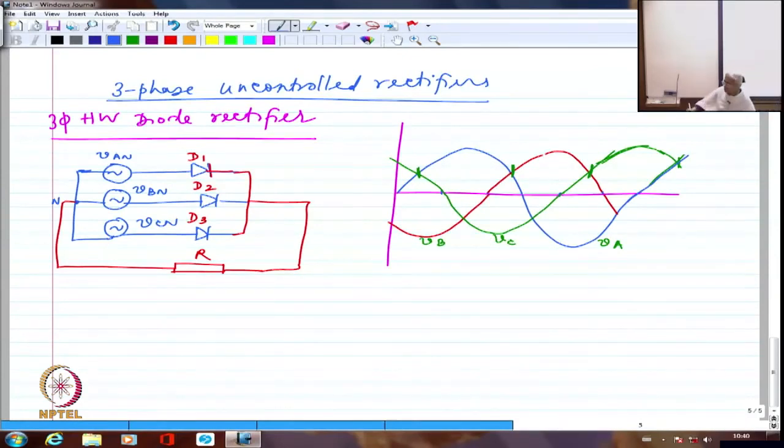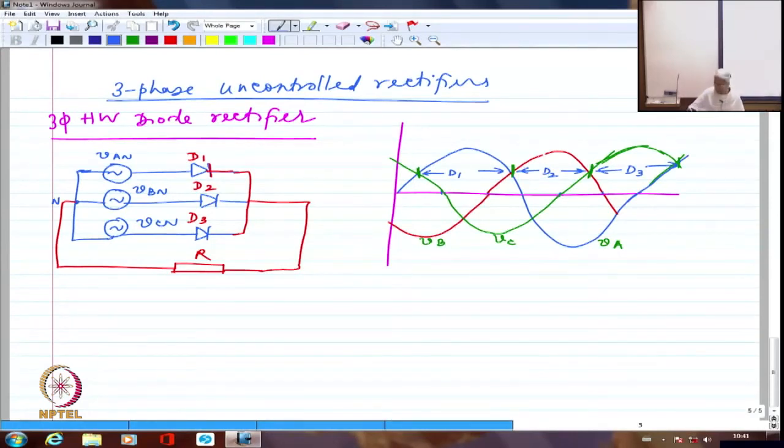So from here to here, I am going to have D1 conducting. From here to here, I am going to have D2 conducting. From here to here, I am going to have D3 conducting, right? Let us say now D1 is conducting.